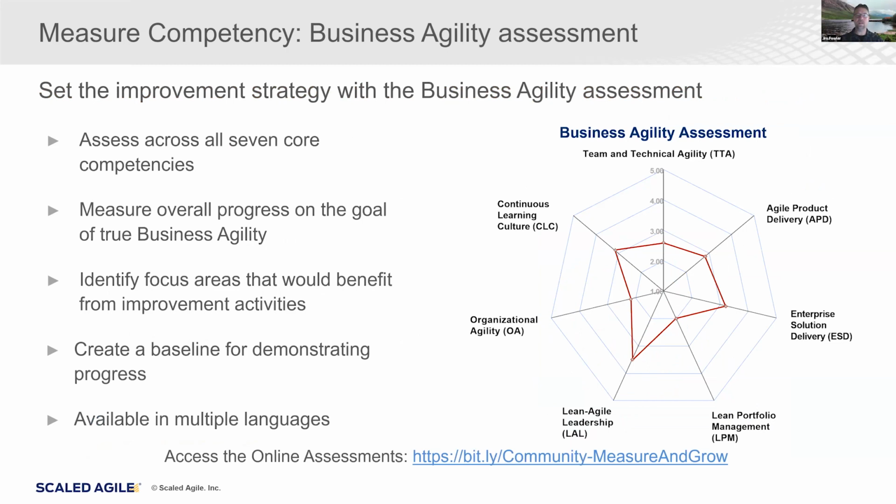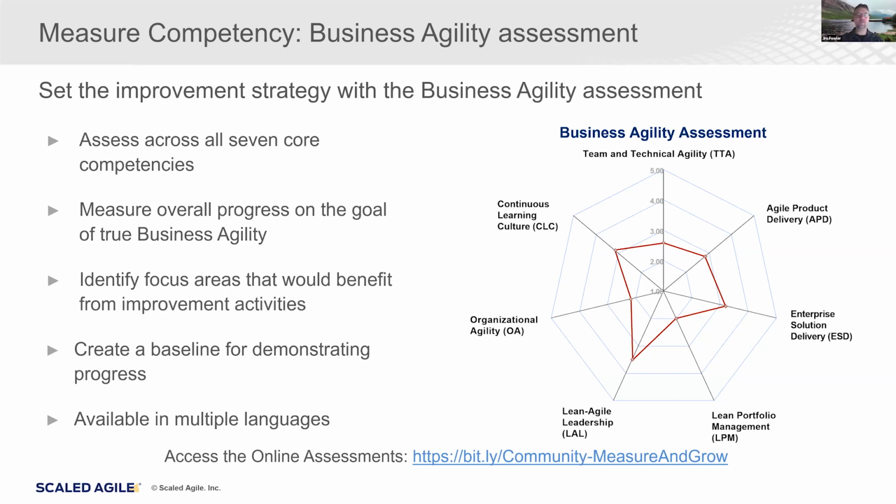It takes some of the high-level views of that, and it assesses across each of those areas, and it's done in a way that the statements within the Business Agility assessment don't have any SAFe terminology within them. In other words, you can actually run this assessment with leaders in your organization that maybe haven't even had any SAFe training and don't understand all the jargon around SAFe and all the buzzwords and acronyms and all of that.